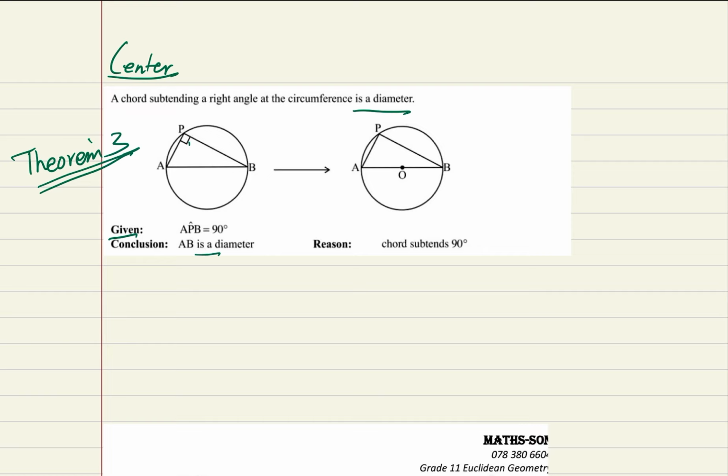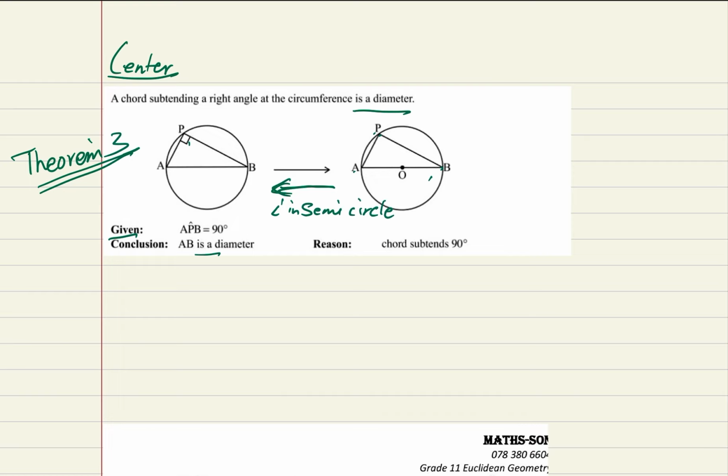Sometimes we are going from this side to that side. Let's say we are going that side. We are given that AB is a diameter. That means angle P should be 90 degrees. What will be the reason? When we go from this side to that side, we are going to say angle in a semicircle.